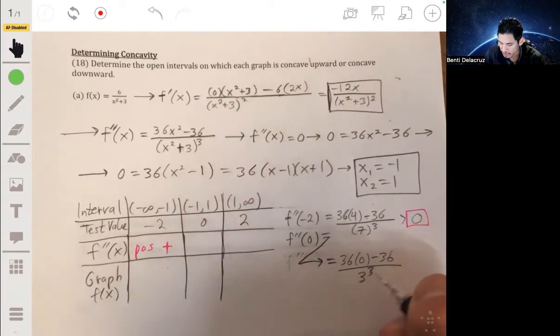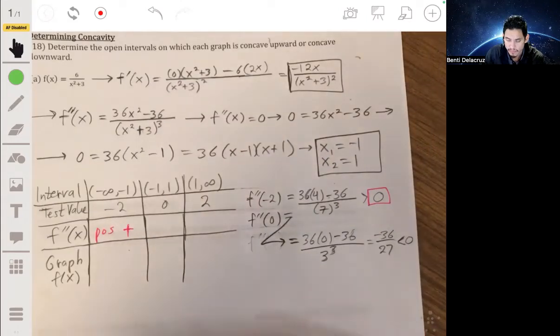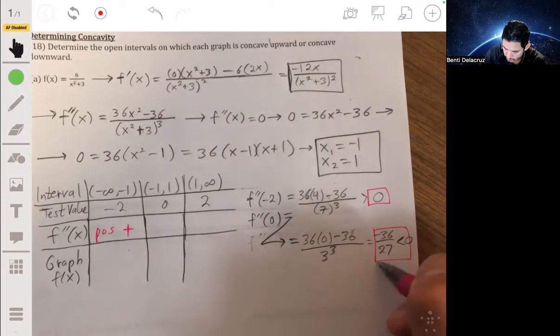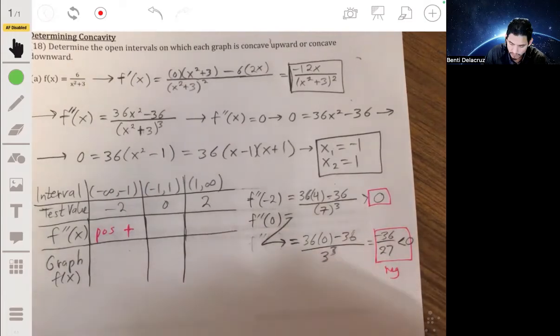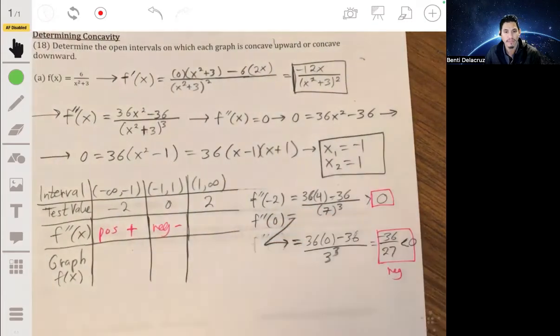We're going to have -36 over 27. So we have a negative number, it's less than 0. So we have a negative value there.